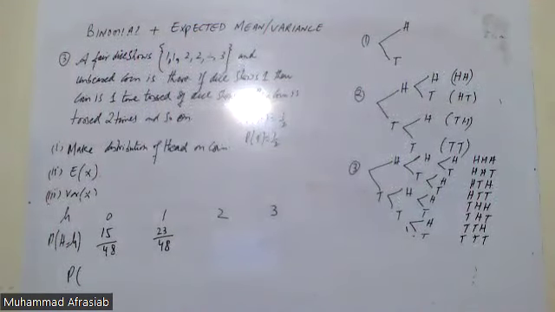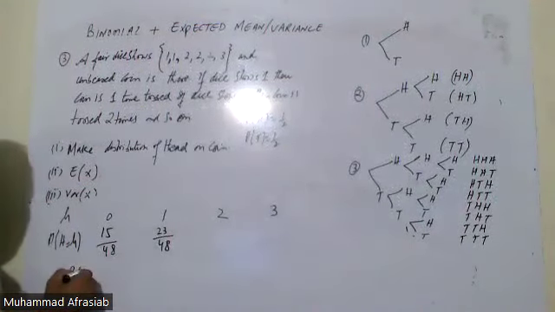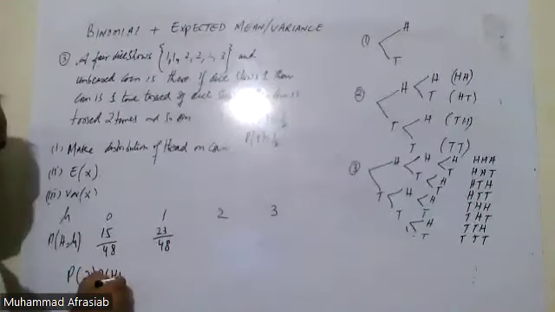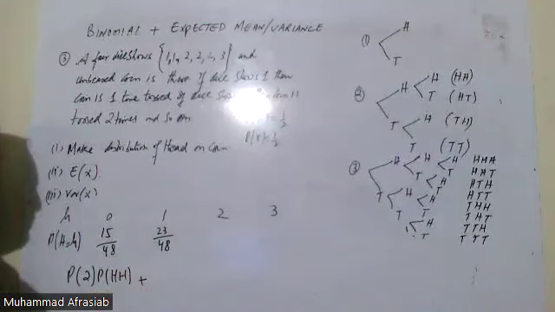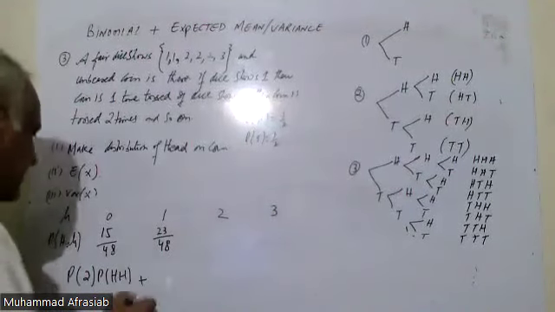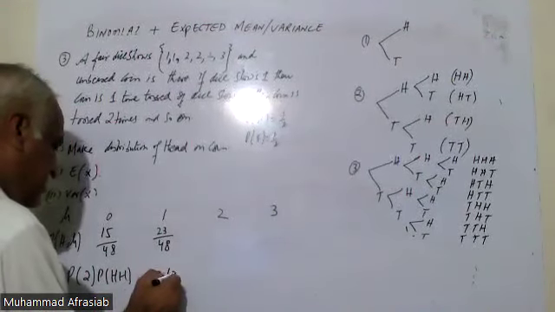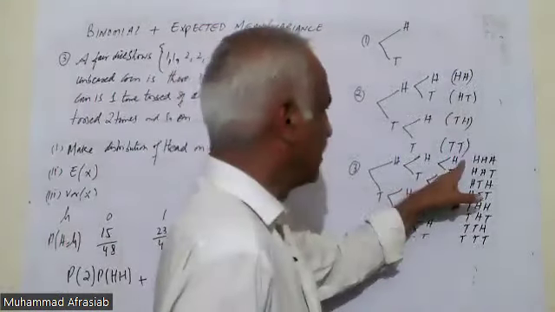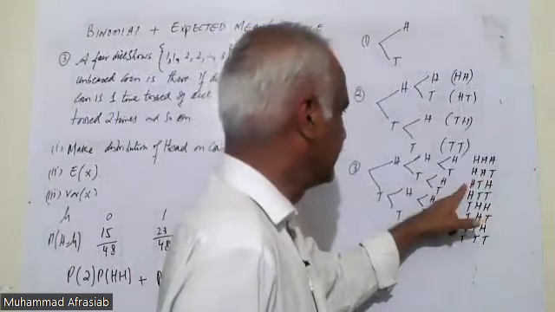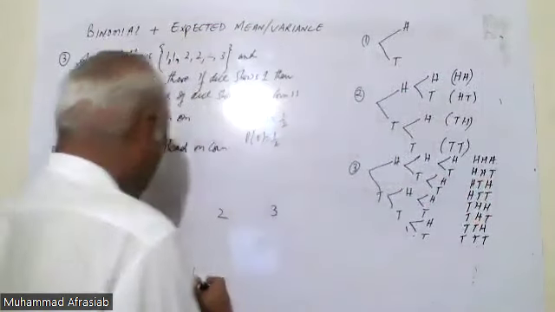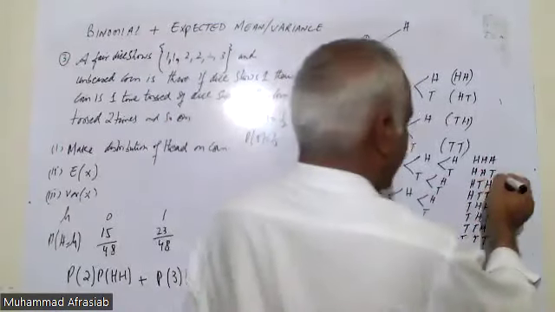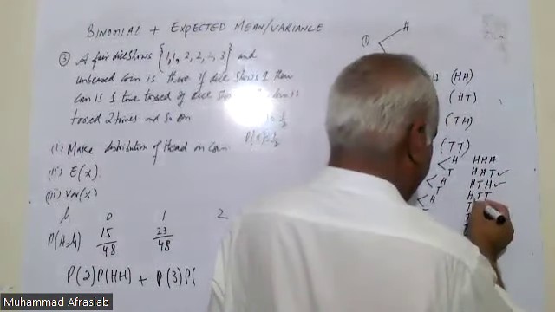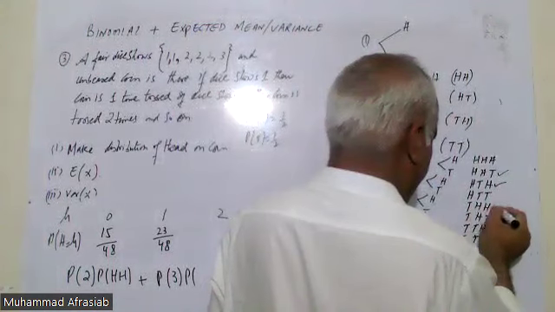So it is only two tosses with the probability of head-head, then the three tosses. That means head, head, tail; head, tail, head; tail, head, head.